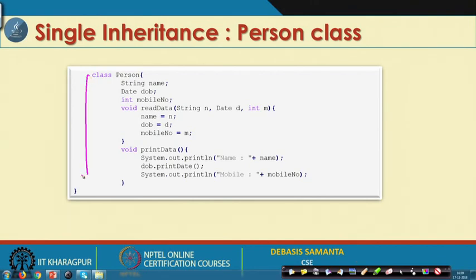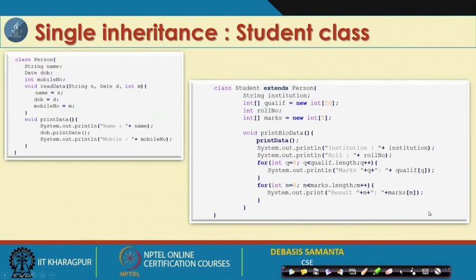You can relate it to the pictures shown in the last slide. This class Person is a general class, and now the Student class can be defined. Having Person, we can have the Student class which extends the Person class.